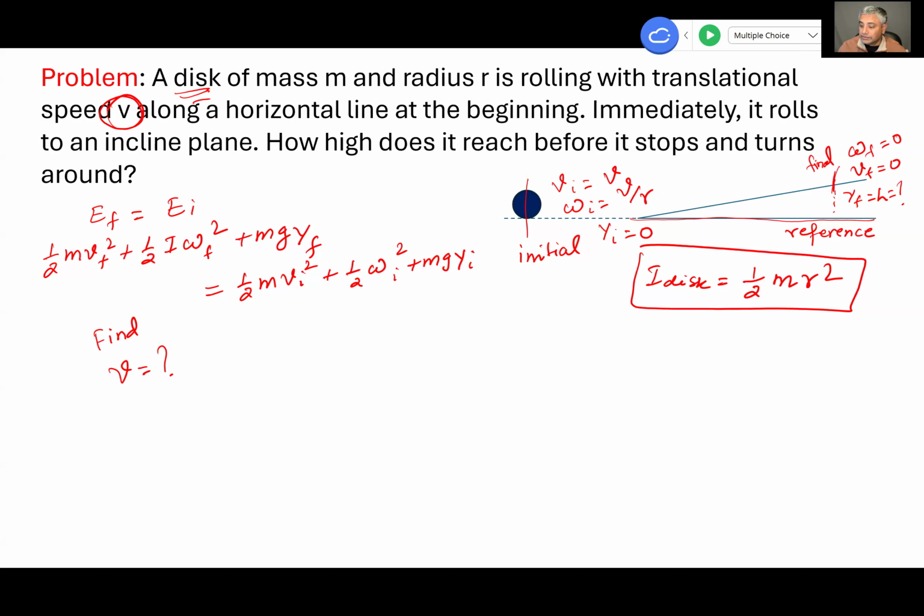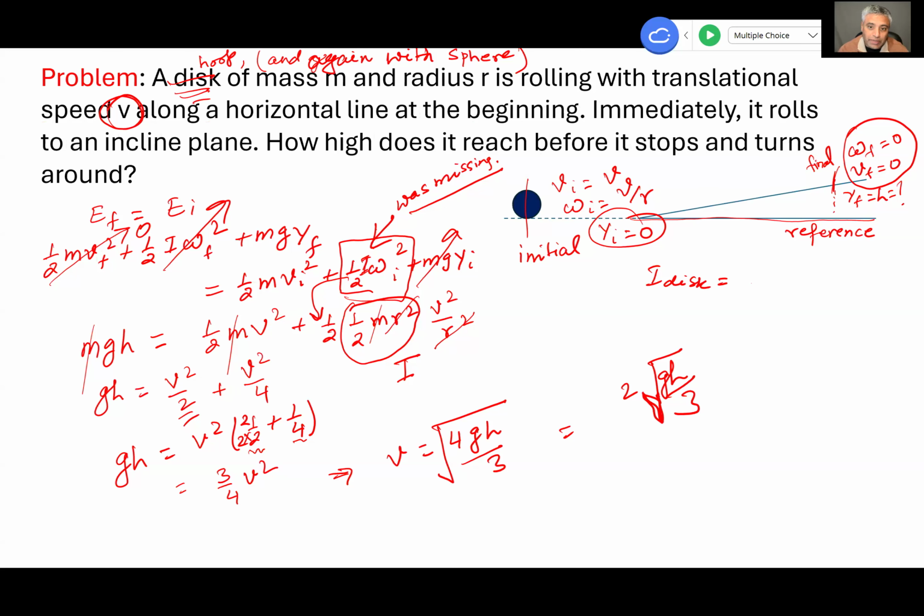Who knows? You know, chance to practice algebra. Redo this problem using hoop and redo it using sphere, okay? See if you can come up with a simple answer like this. Okay?